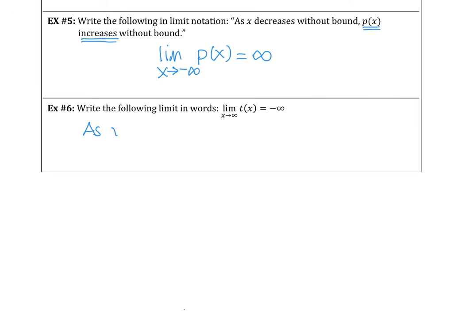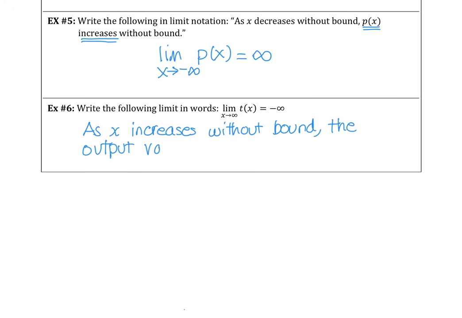As x increases without bound, the output values of the function, what's the function name? T of x. What are they doing? They're decreasing without bound. And that, my friend, is the end of lesson 6.